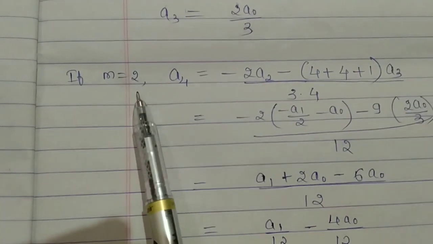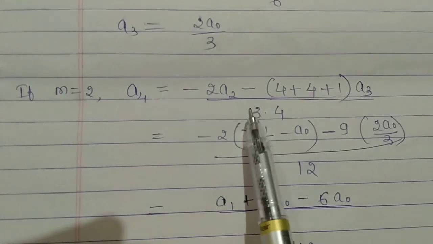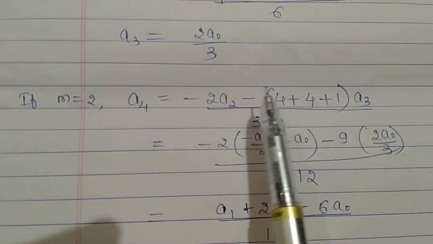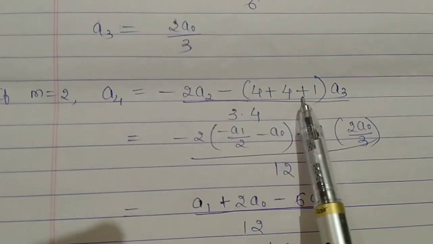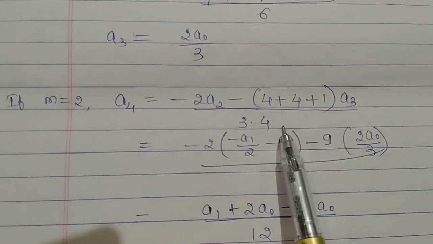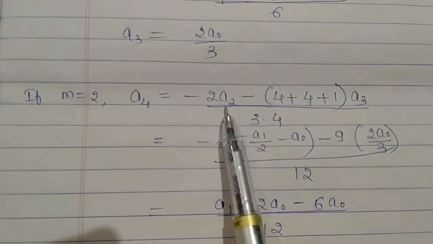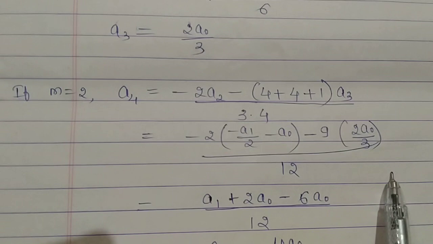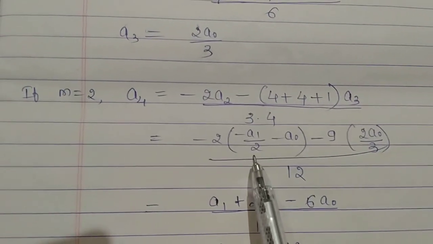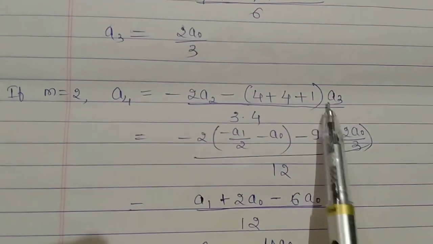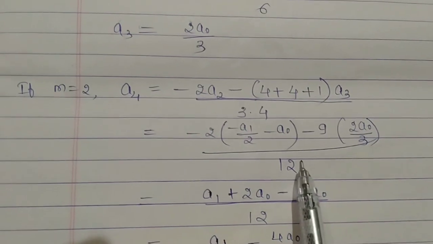Whenever m = 2, my a4 will be [-2a2 - (4 + 1)a3] divided by 12. Substitute the a2 and a3 values. We have a2 as -a1/2 - a0, and a3 as 2a0/3, divided by 12.